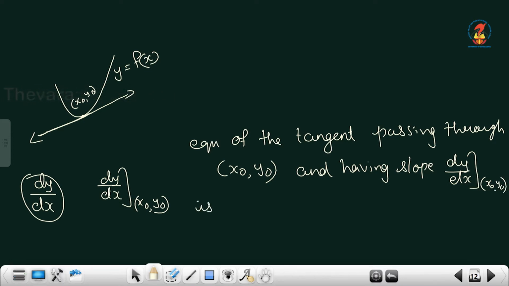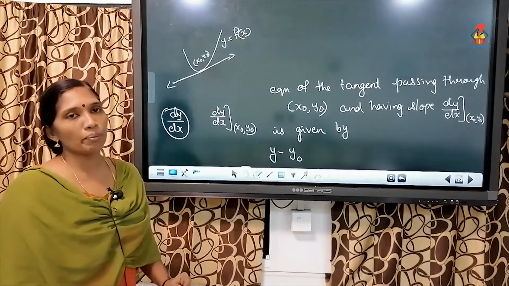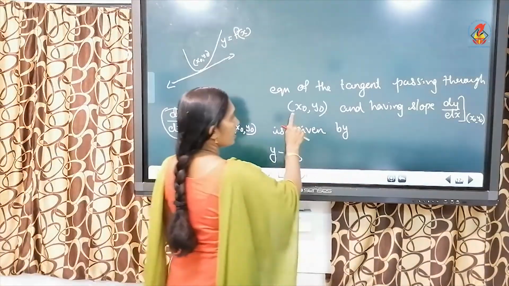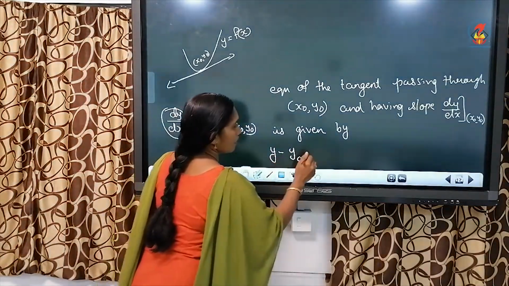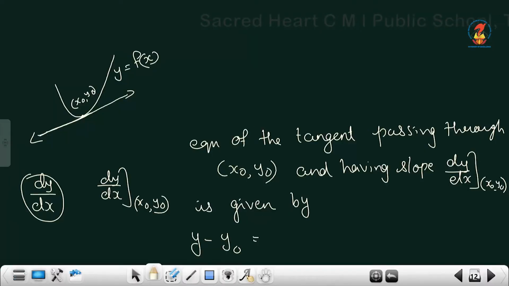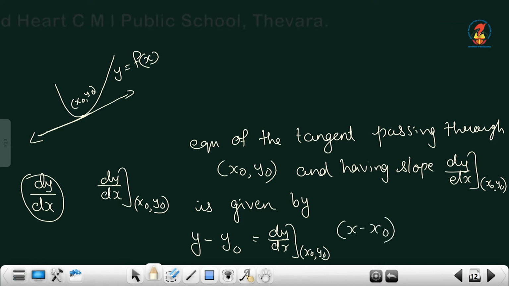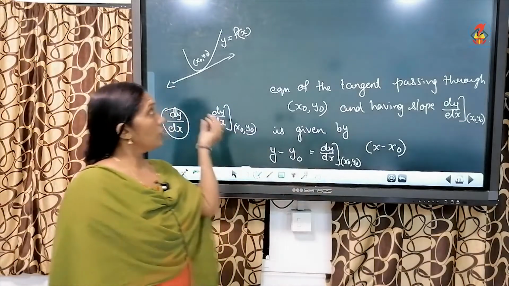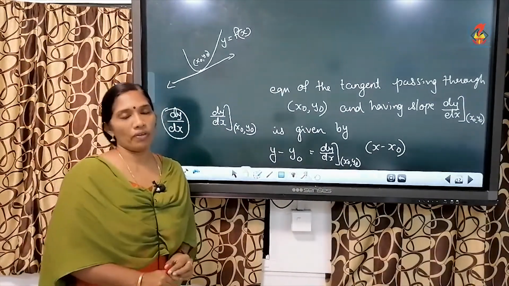It is given by the equation of a straight line in this format: y minus y0 equal to m into x minus x0. So, the point is (x0, y0), y minus y0 equal to, instead of m you have to write the slope. Slope is dy by dx at (x0, y0), then x minus x0. So, this is the equation of the tangent to the curve at (x0, y0).